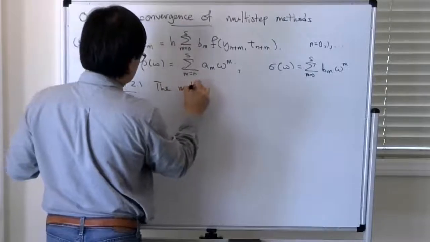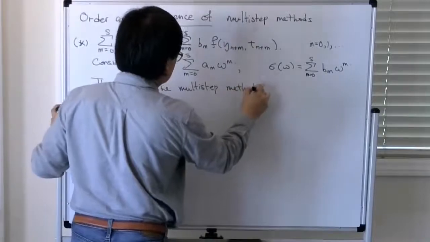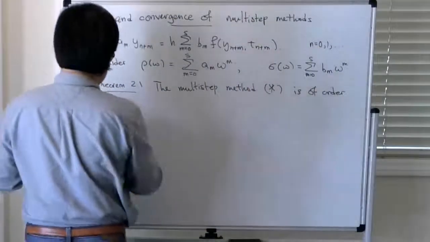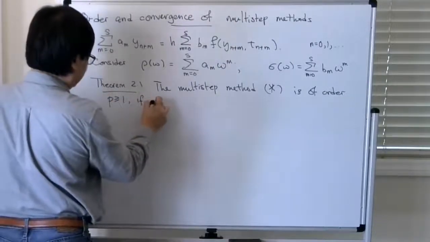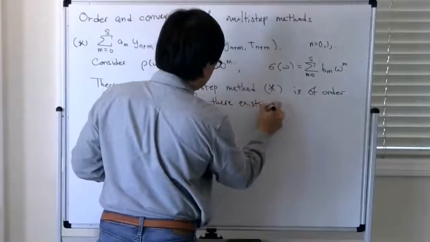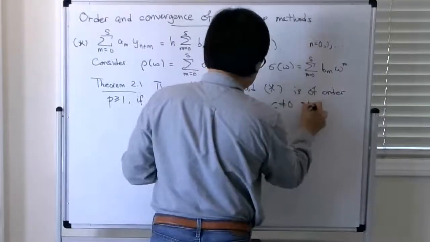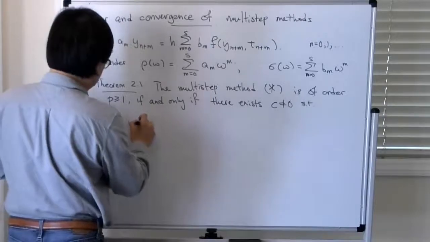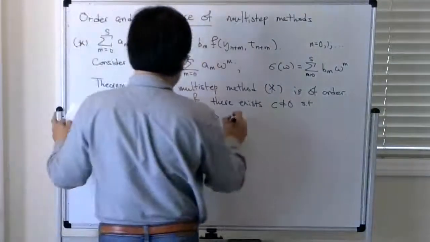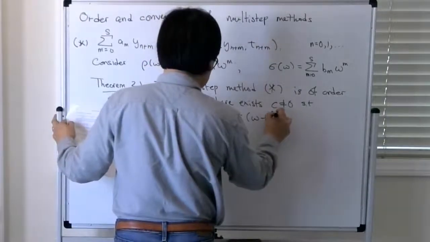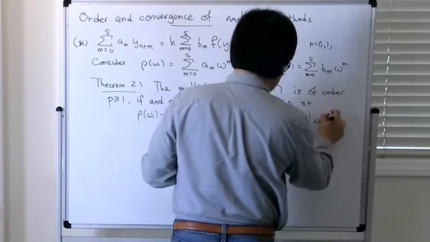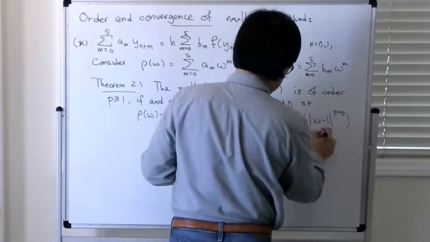So the multi-step method (star) is of order p greater than or equal to 1 if and only if there exists some constant c, which is not 0, such that the following expression is true: rho of w minus sigma of w times natural log of w is equal to c times (w minus 1) to the p plus 1, plus something which is big O of the norm of (w minus 1) to the p plus 2 power, in the limit as w tends to 1.